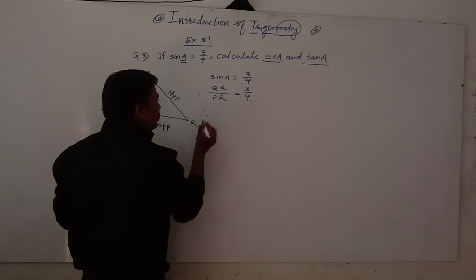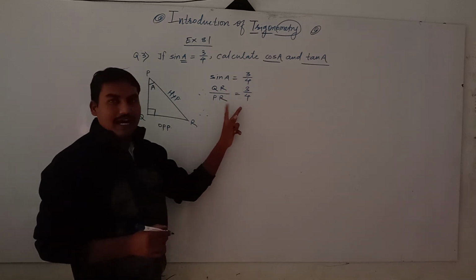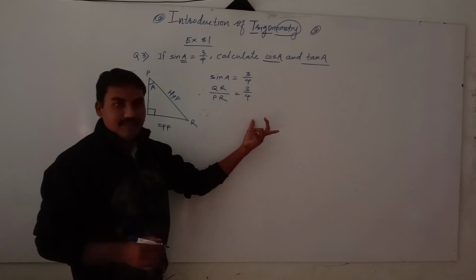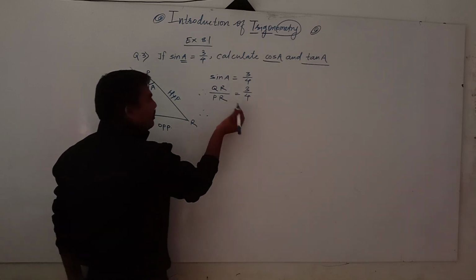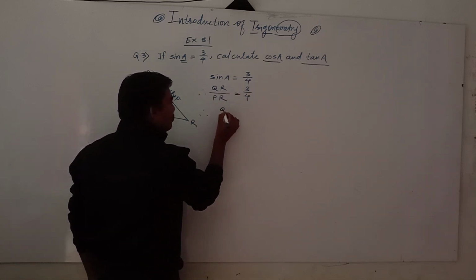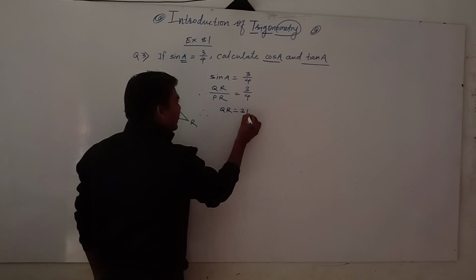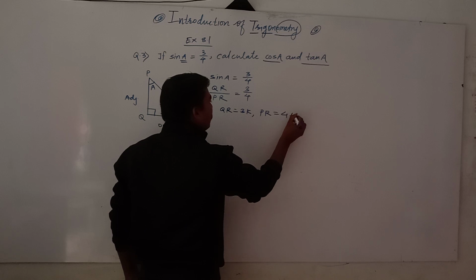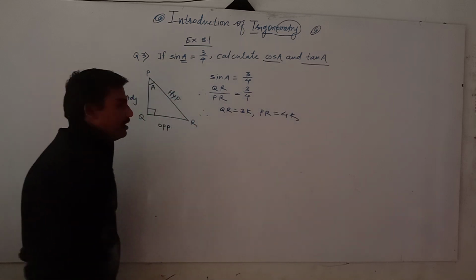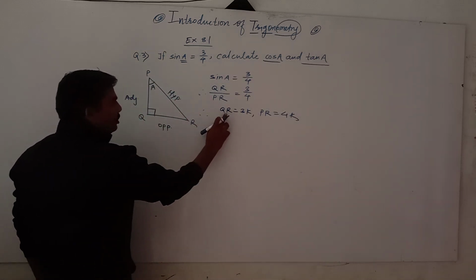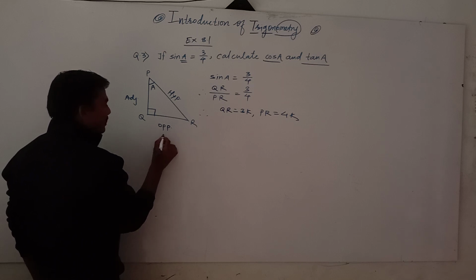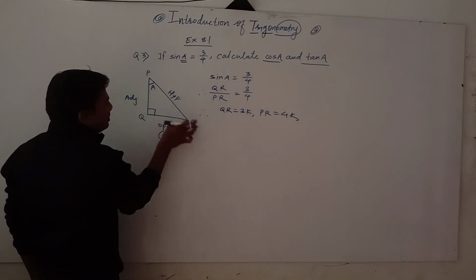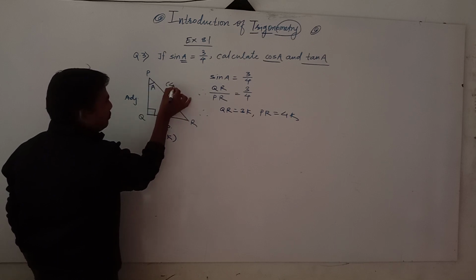Okay. But the values are given in ratio. That's why we have to consider some variable, so I consider variable k. So QR is equal to 3k and PR is equal to 4k. QR is 3k, and PR, the hypotenuse, is 4k.